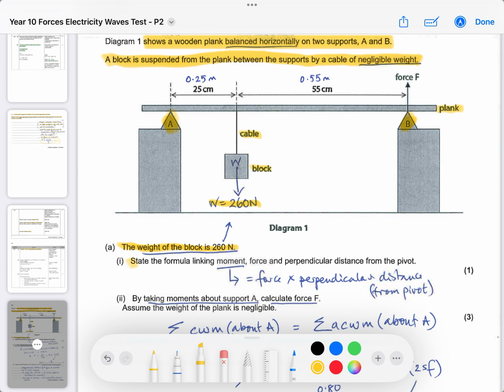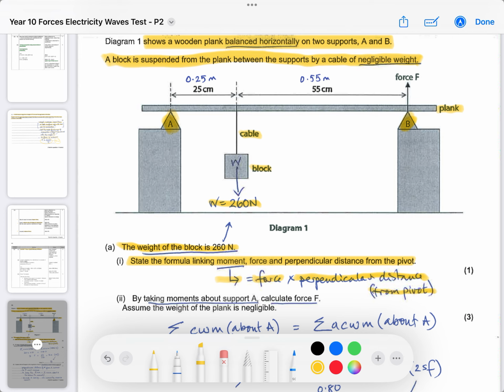It then says state the formula linking moment, force, and perpendicular distance. Yeah. So moment, I should write the word out in full here, equals force times the perpendicular distance from the pivot. Okay. Now the pivot is the place about which you decide to take the moments. Yeah.